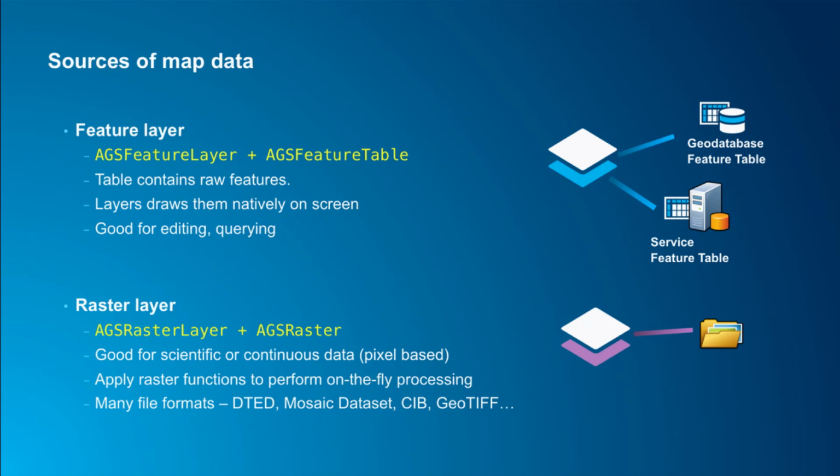And we support a number of different raster formats, like DTEDs, mosaic datasets, GeoTIFFs, and PNGs. And these raster files can be sitting locally on the device, so it's really efficient in displaying them. In the coming release, we'll be adding support for rasters coming through image services.